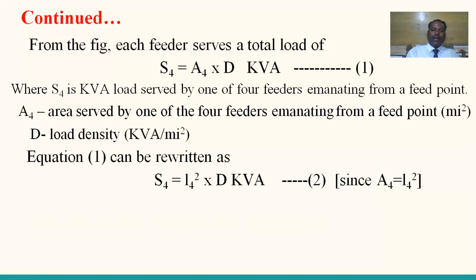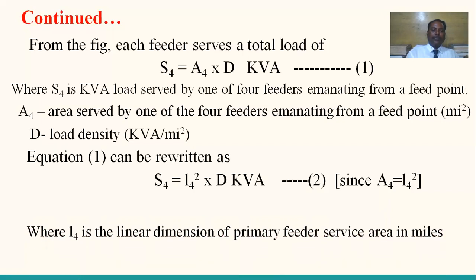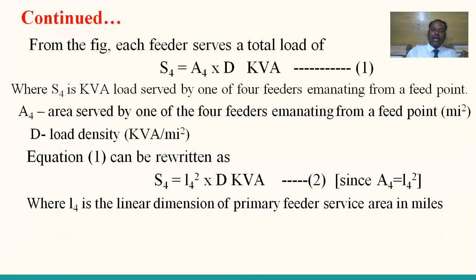So this is the ith load, and the ith area is also considered. Where L4 is the linear dimension of the primary feeder service area in miles. So remember here, L4 is the linear dimension of the primary feeder service area in terms of miles.